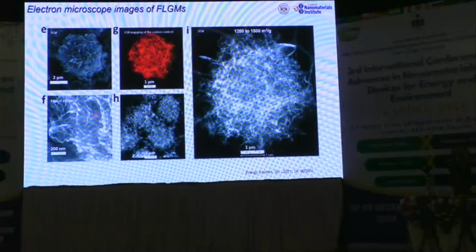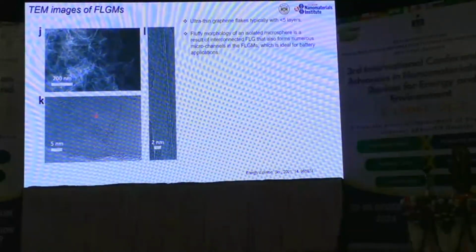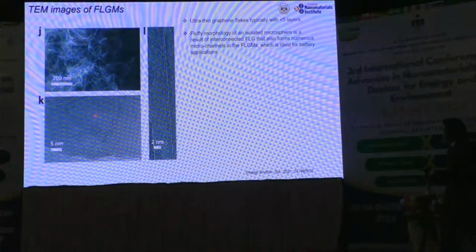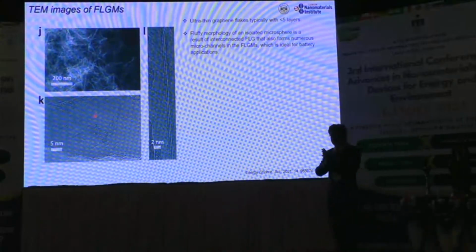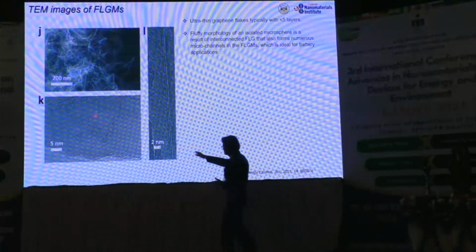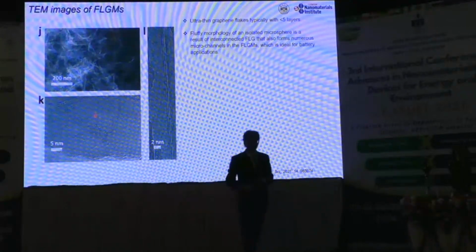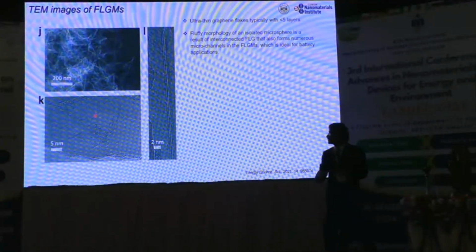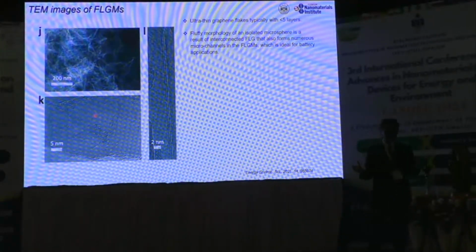Okay? And if you zoom in even closer, you will see it is not single layer graphene, it's a few layer graphene, as you can see over here. About 3 to 5 layer graphene. And this structure is very beautiful. Why?